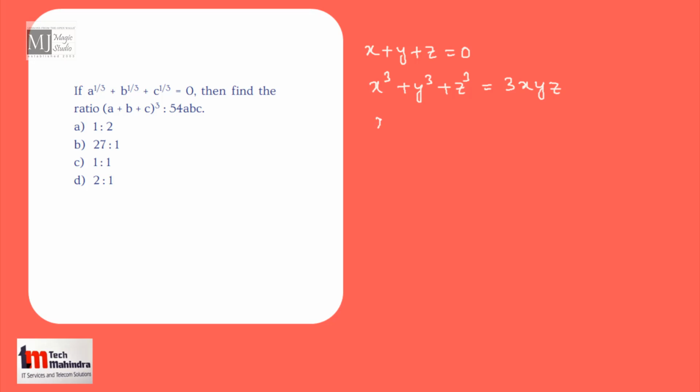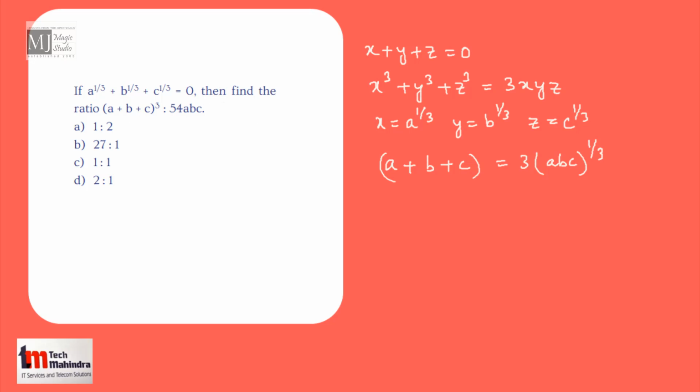Now, if I put x equals a to the power 1 by 3, y equals b to the power 1 by 3, and z equals c to the power 1 by 3, what will I have? a plus b plus c is equal to 3 into (abc) whole to the power 1 by 3. Why? Because these three sum up to 0.